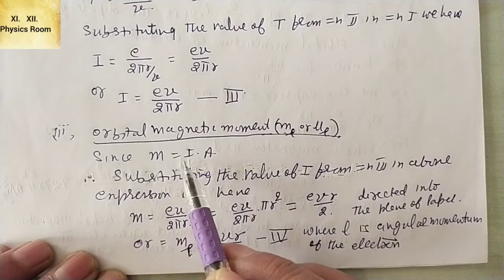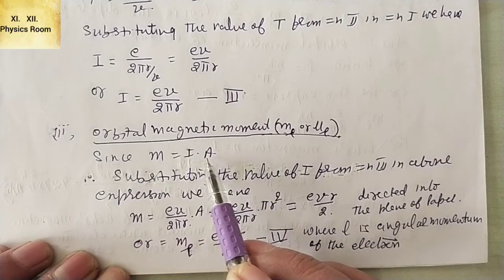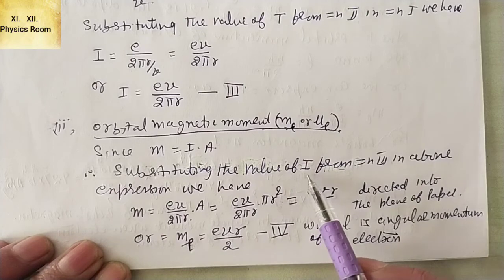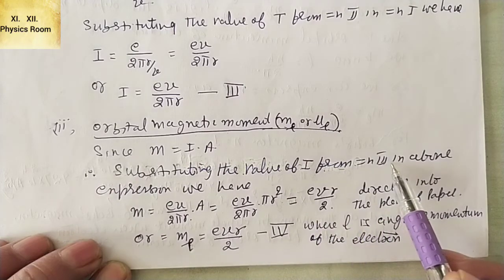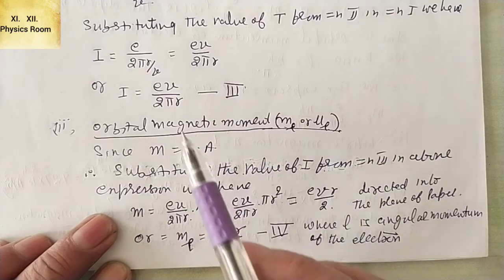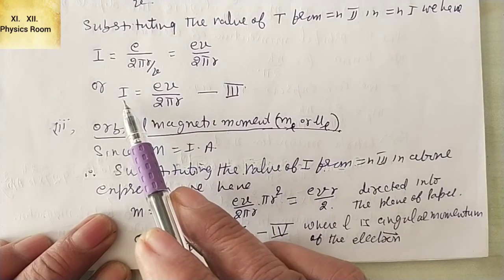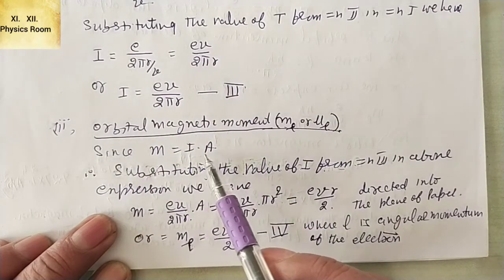Now since m is equal to I into A, we substitute the value of I from equation 3 in this expression.